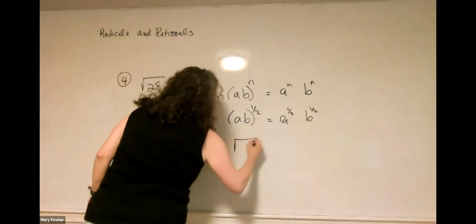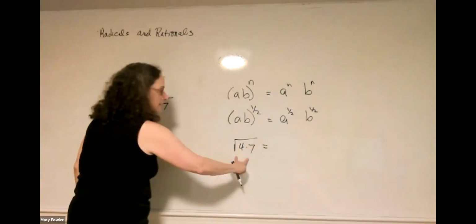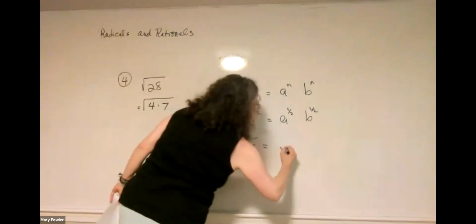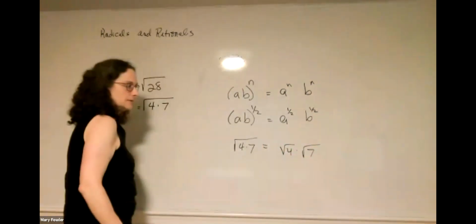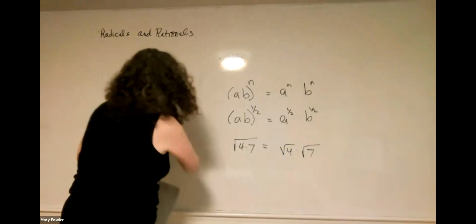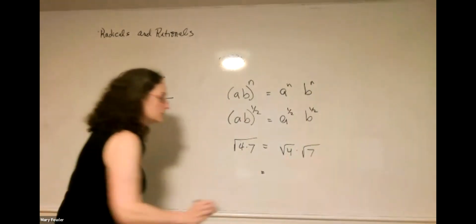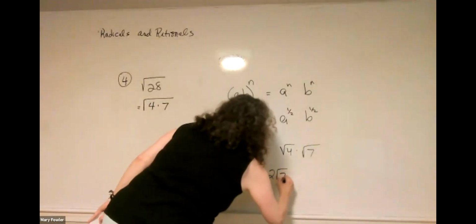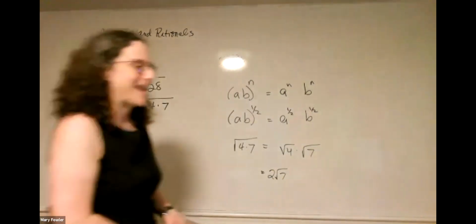So let's take it over here for a minute. The square root of 4 times 7 is equal to the square root of 4 times the square root of 7. Then the square root of 4 we know is 2, and the square root of 7 stays like that. It isn't a perfect square, so it doesn't come out.